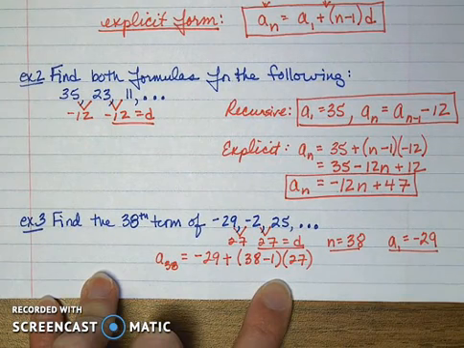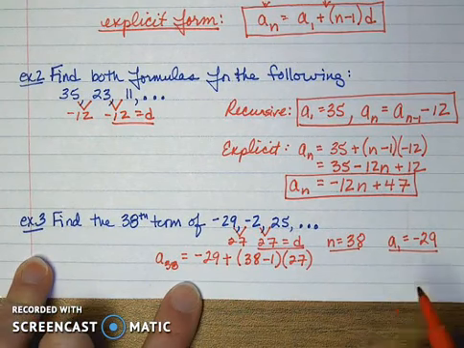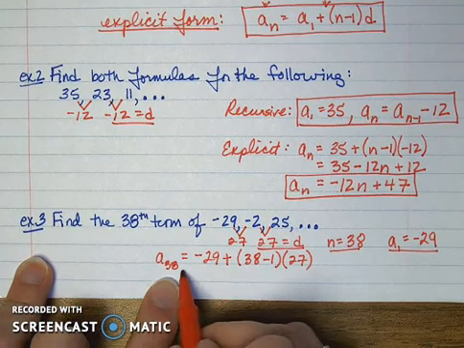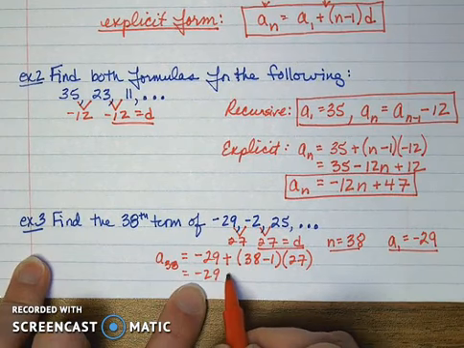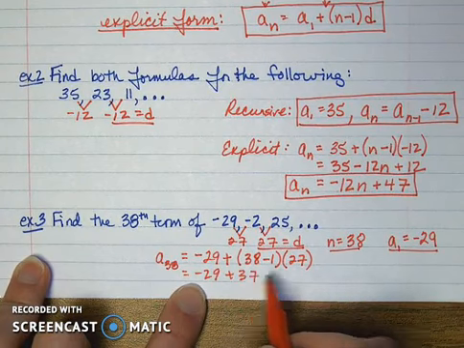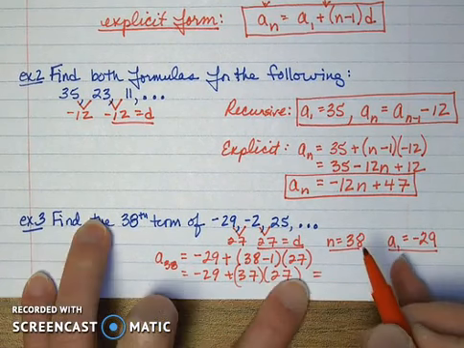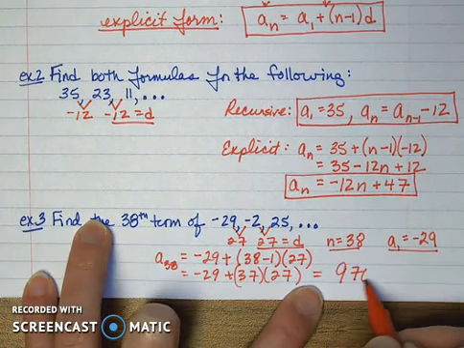Excuse me. Now we just need to clean that up. So this is 37. 37 times 27 and negative 29. And that gives you a beautiful 970.